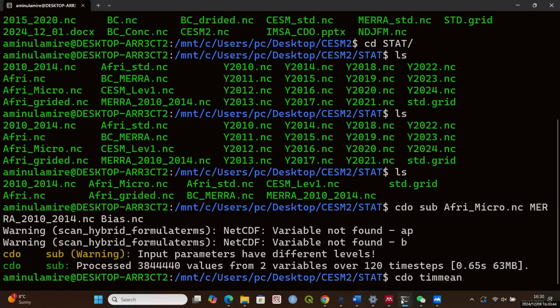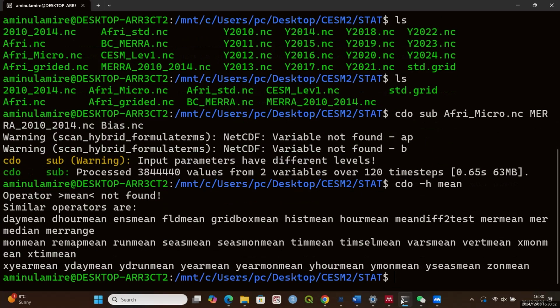Or if you have forgotten, we can do the same as last time, CDO minus h, to show all the operators which are there. So you can see here we have timmean. So we just use that command, CDO timmean.